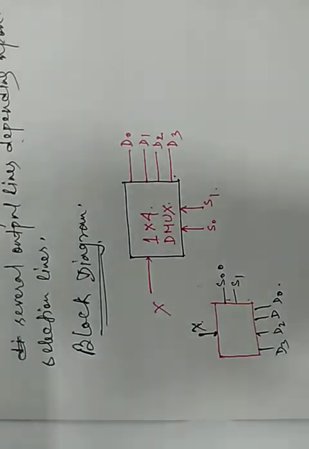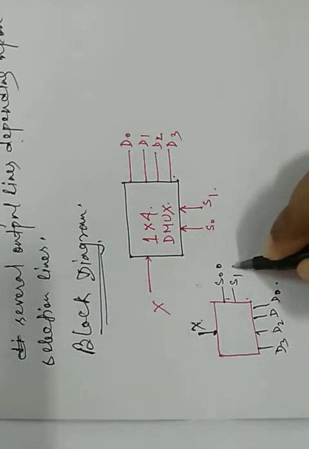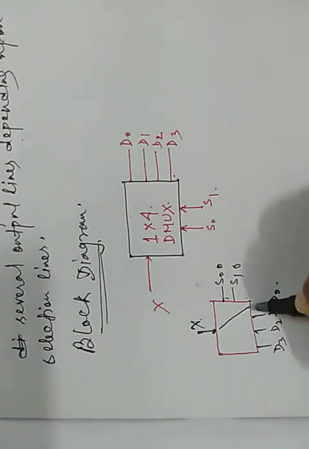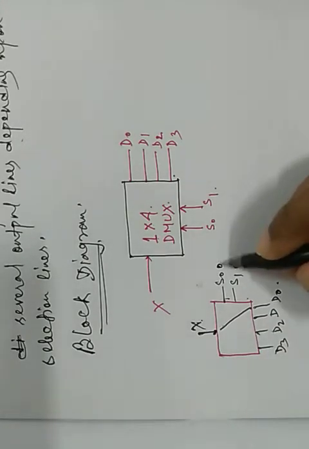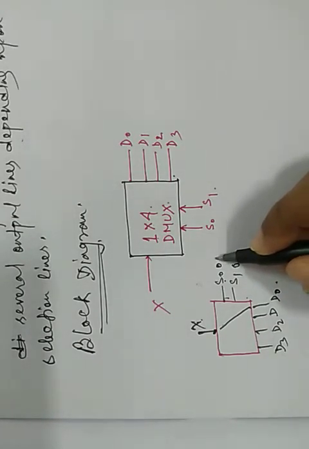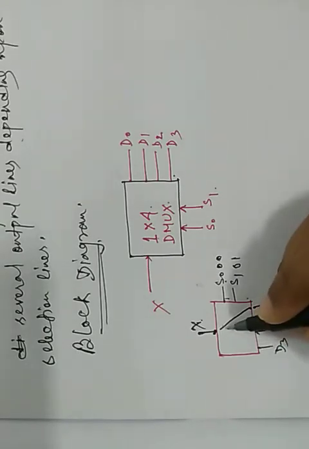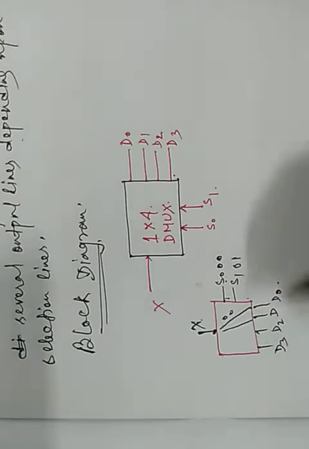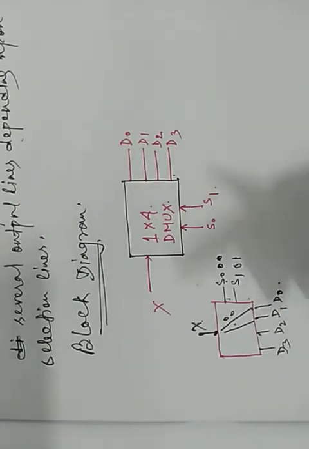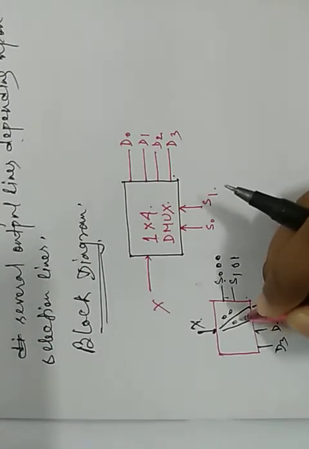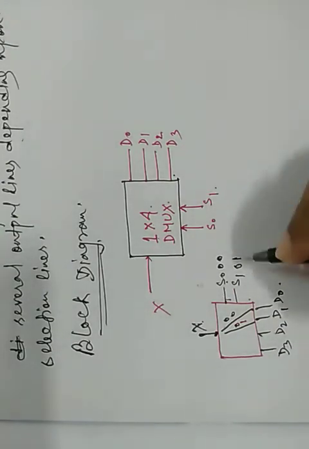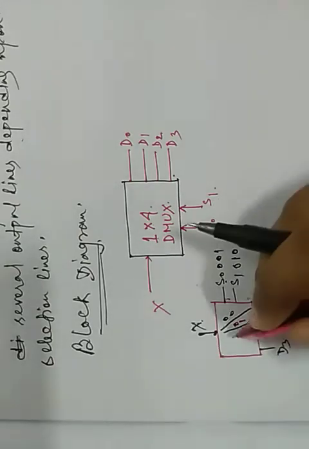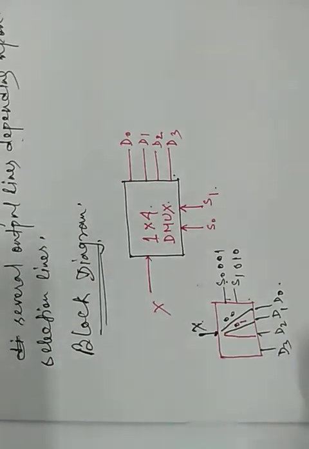When S0, S1 is 0, 0, X is directed into D0. When S0, S1 is 0, 1, X is directed into D1. When S0, S1 is 1, 0, then X directs into D2.